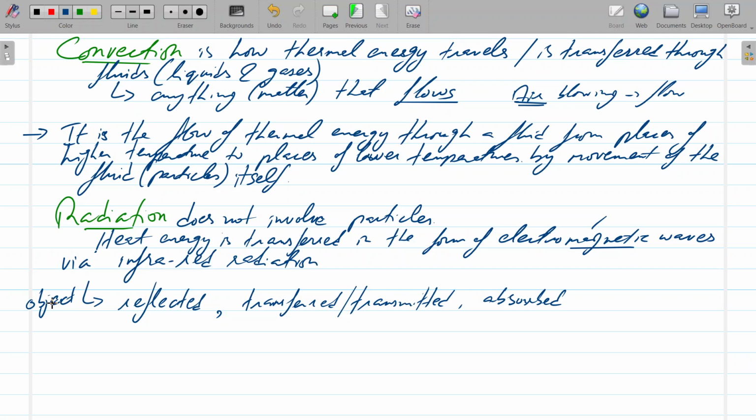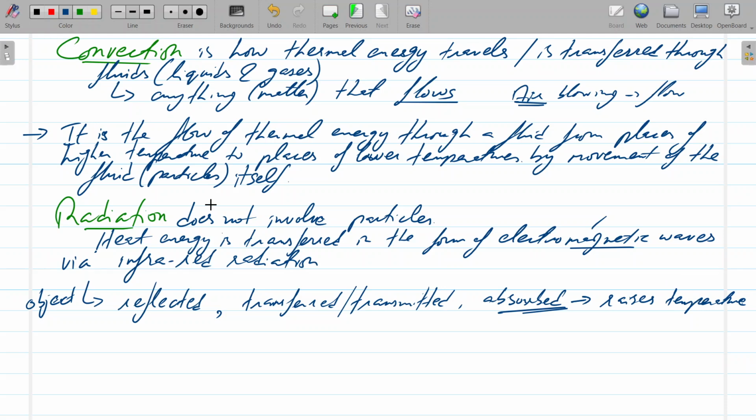The part that is absorbed is the one that raises the temperature, obviously. The part that's reflected has gone back, it's not used. The part that's transmitted has been transferred to the next object.